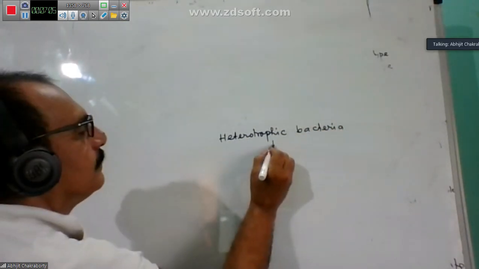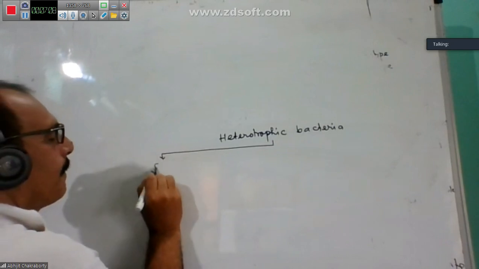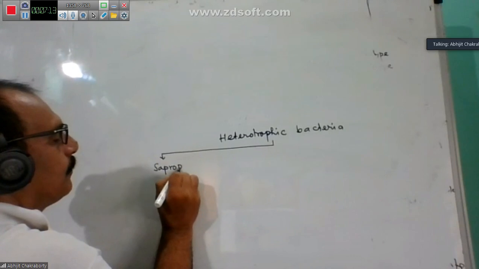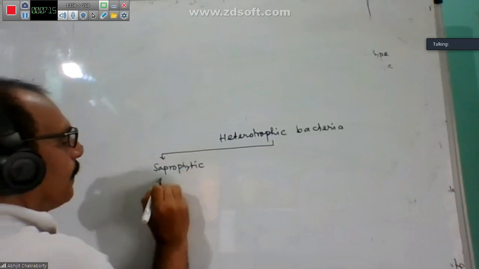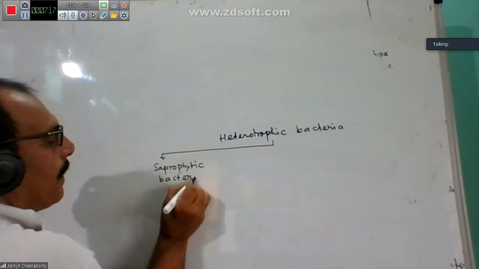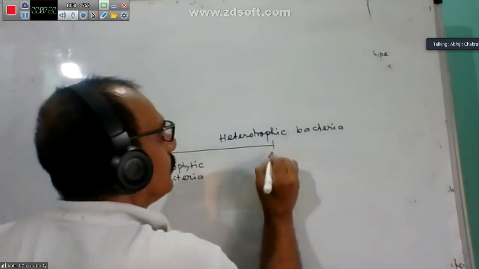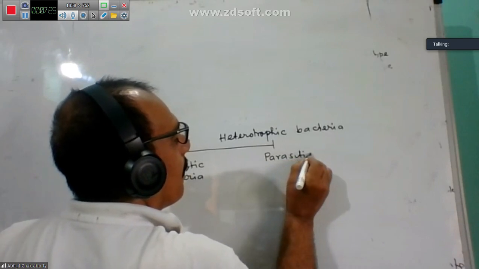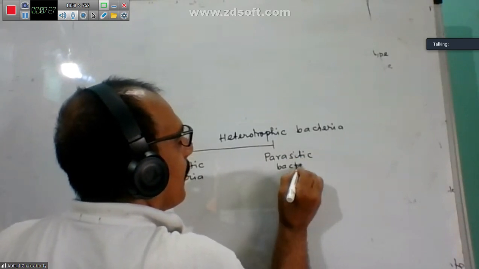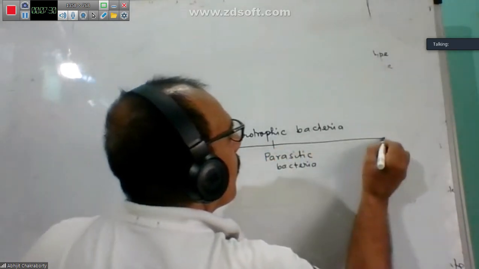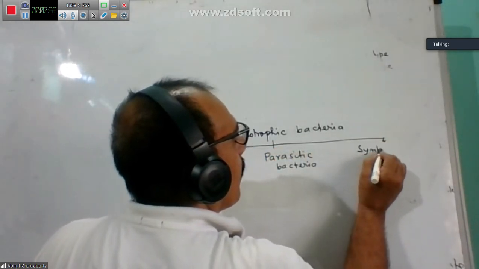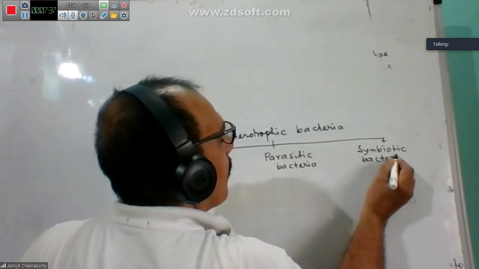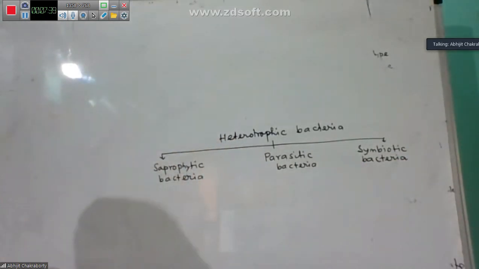Heterotrophic bacteria: saprophytic bacteria, symbiotic bacteria.